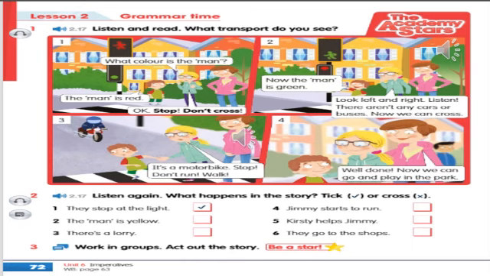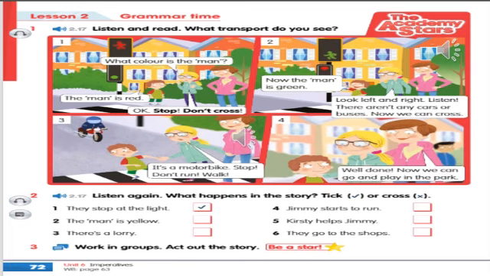Number 2. The man is yellow. Look at the traffic light. Is the man yellow? Number 3. There is a lorry. Can you see a lorry in the picture? Look at the story and look at the pictures. Can you see a lorry? Number 4. Jimmy starts to run. Is it correct?